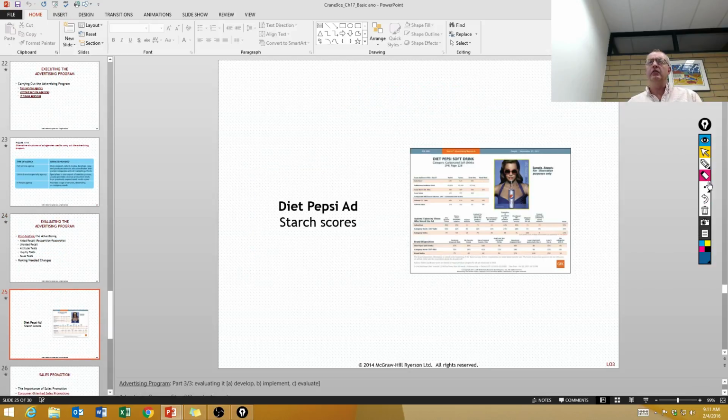Okay, so the book just gives us an example of this Pepsi ad that's assessed through these starch scores. So I'm not really familiar with this, but starch scores are a form of aided recall.